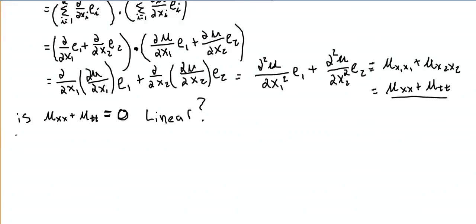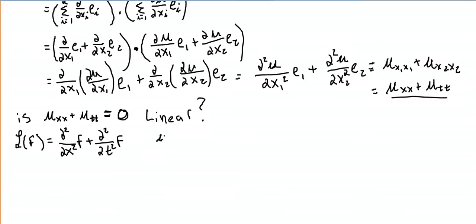So let's find its operator. The operator that gives us this would be of this form: L of f would be the second partial derivative with respect to x of some function f plus the second partial derivative with respect to t of f.